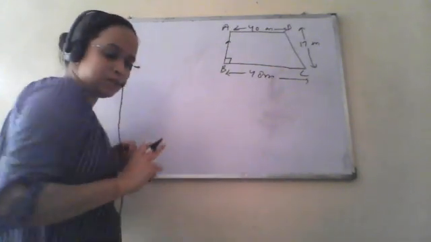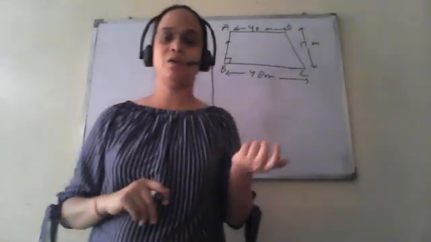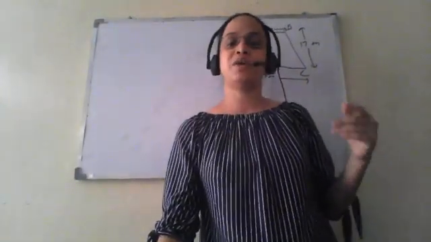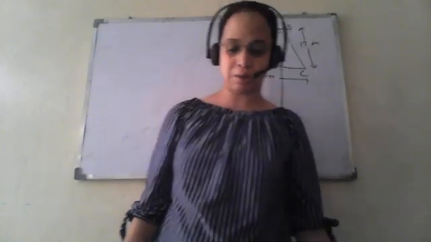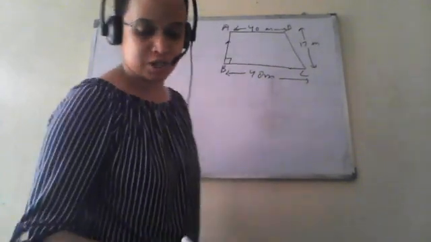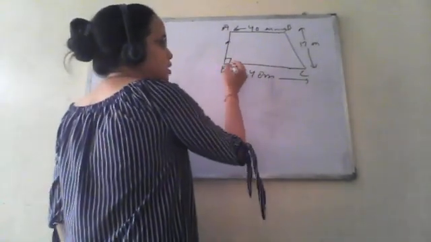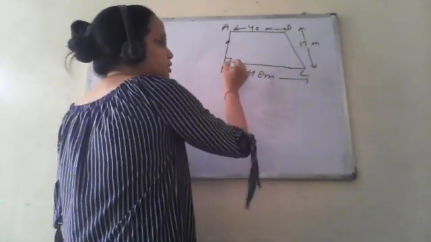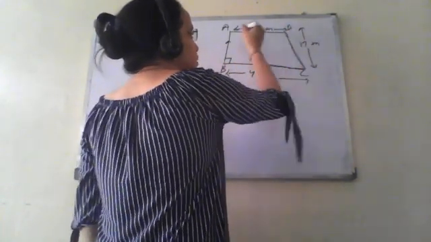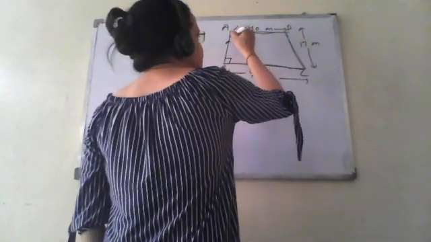Now one thing is given, the length of the fence of the trapezium. As I've explained, when we have to do the fencing of a field or of any particular shape, we calculate its perimeter. So the length of the fence around ABCD will be 120 meter. Fencing means we are covering the external boundary, this BC plus CD plus AD plus AB.